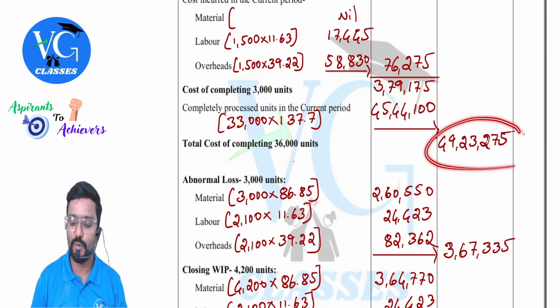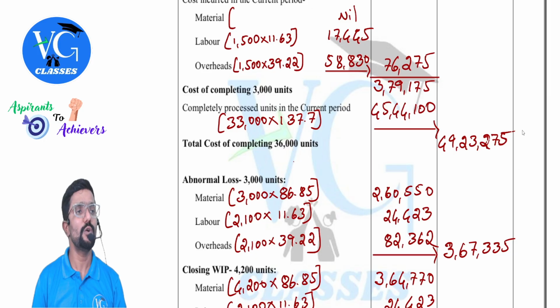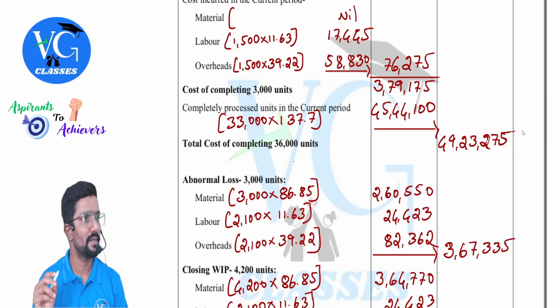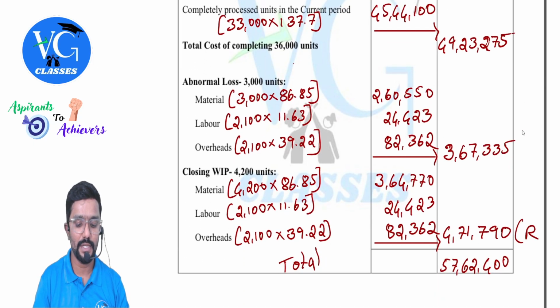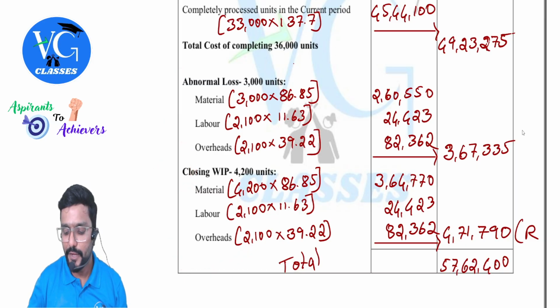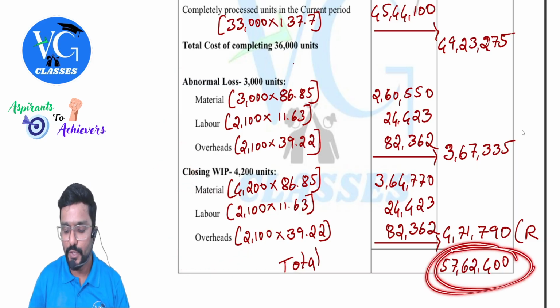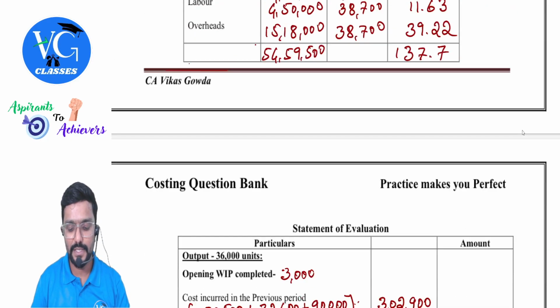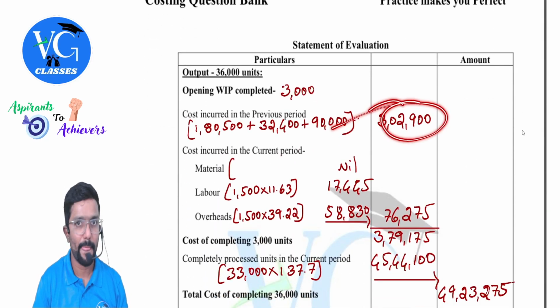137.7. Now, if I ask you what is the cost of the 36,000 output which is transferred to the next process, this figure is clear. Then abnormal loss and WAP will remain the same. And here, if you do the total, this total will not match exactly with this. The difference is nothing but this figure.